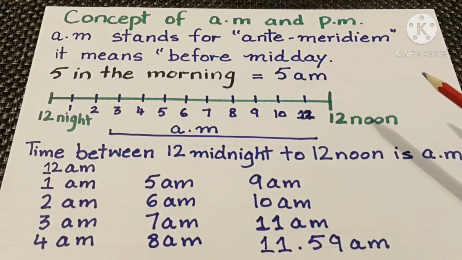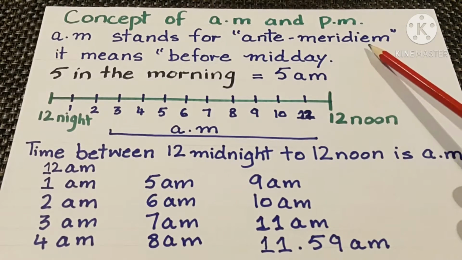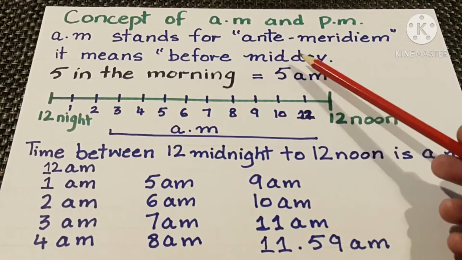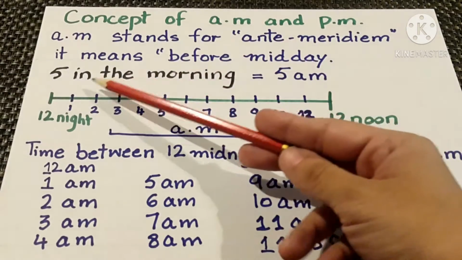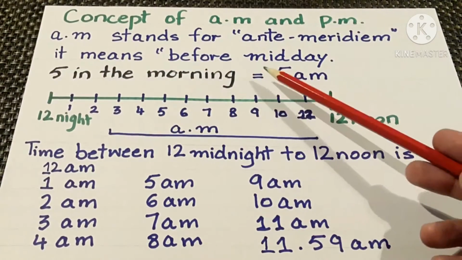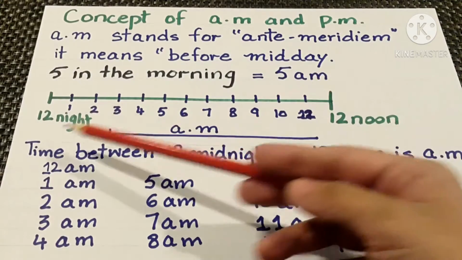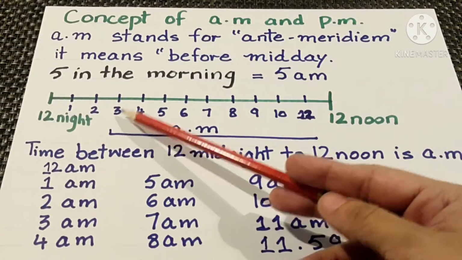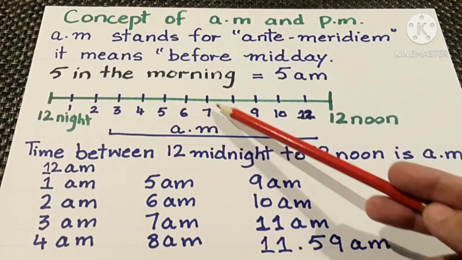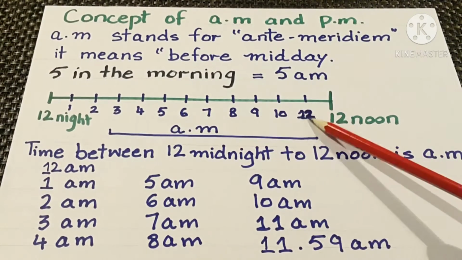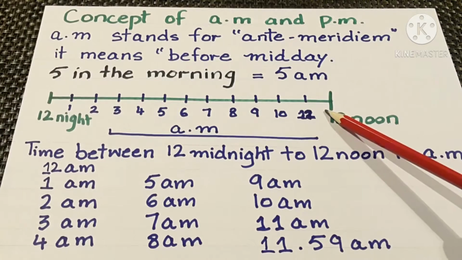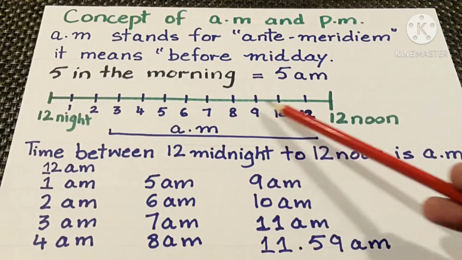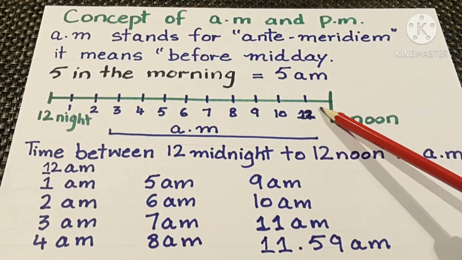Concept of AM and PM. AM stands for ante-meridiem. It means before midday. 5 in the morning means 5 a.m. 12 at night, then 1, 2, 3 o'clock, 4, 5, 6, 7, 8, 9, 10, 11 till 12 noon. This time is taken in AM.